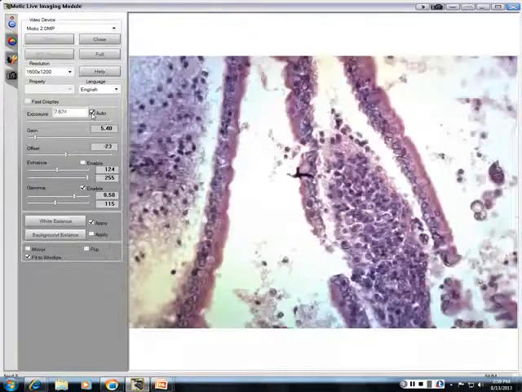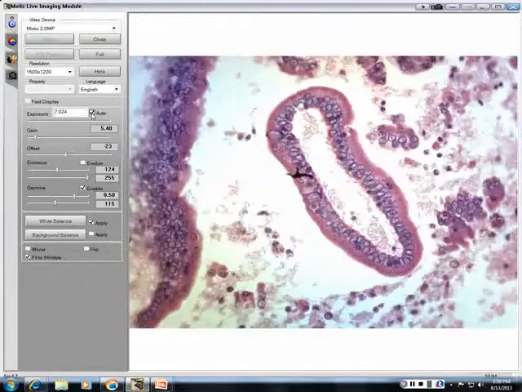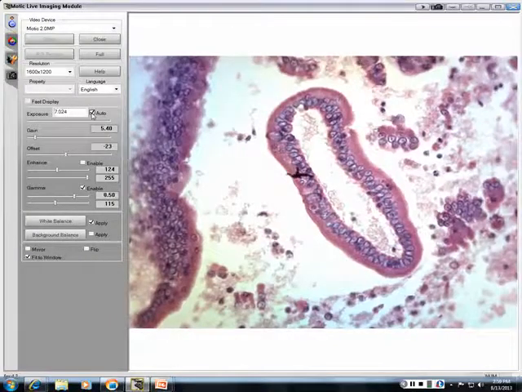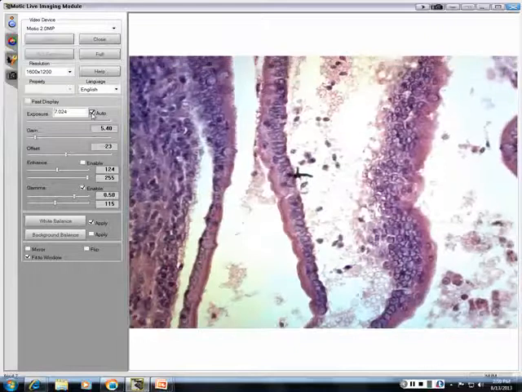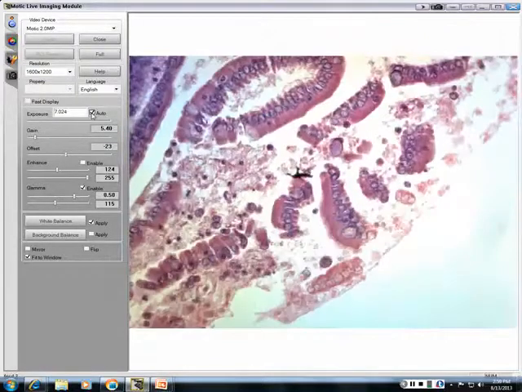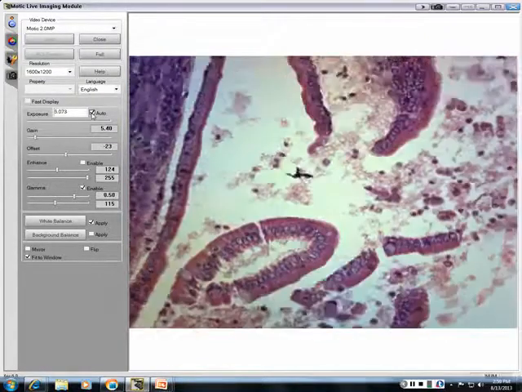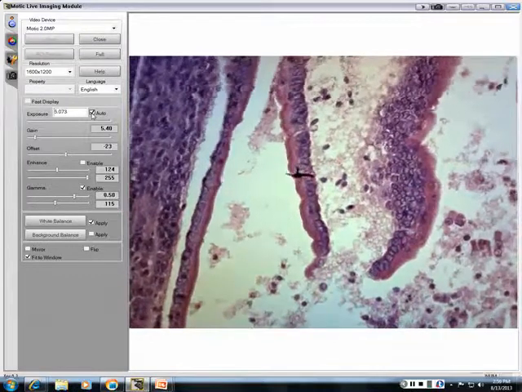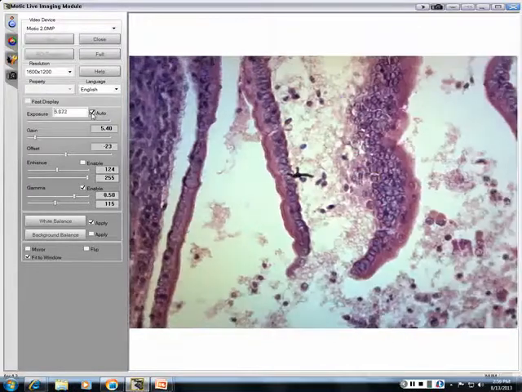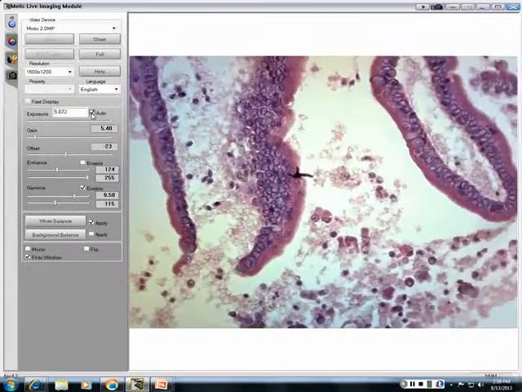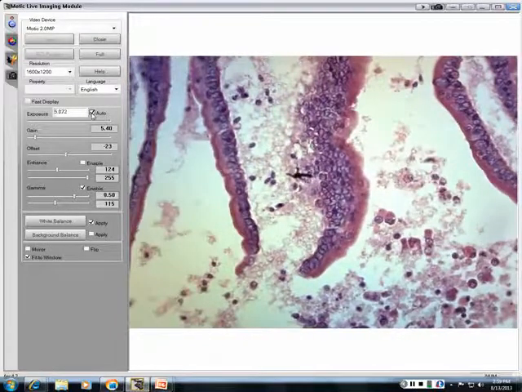Now, the intestine has a lot of folds to it, so it's not always as straightforward as you might wish. And what you see under the microscope is never going to look exactly like it does in the book. But this looks a lot more like the columnar in the book than the other side does.